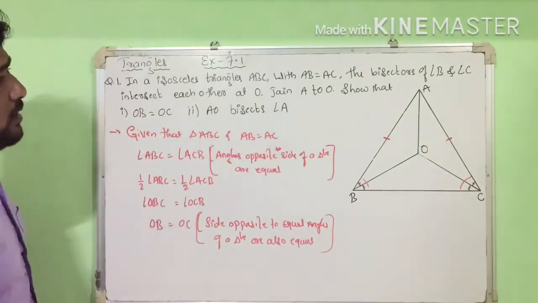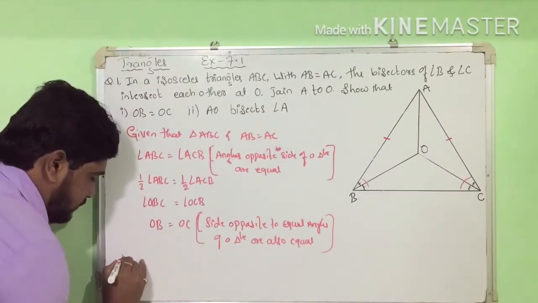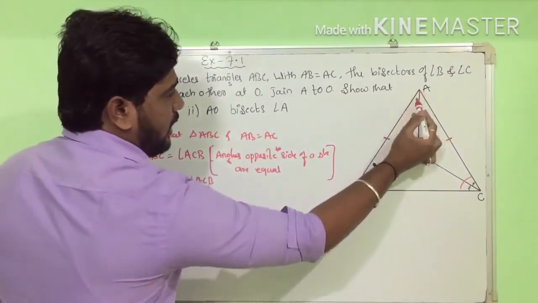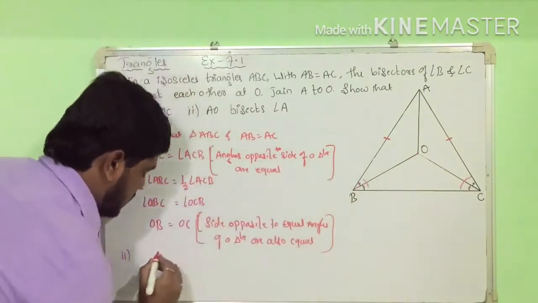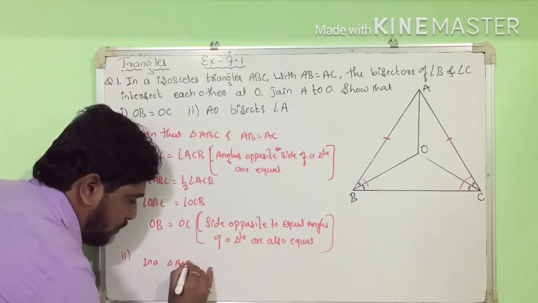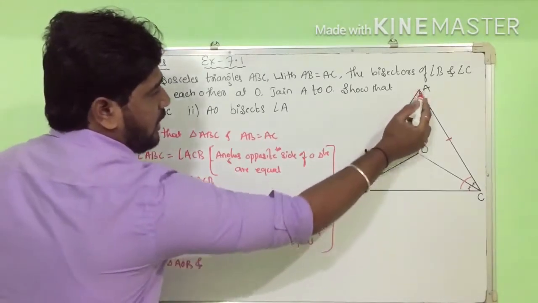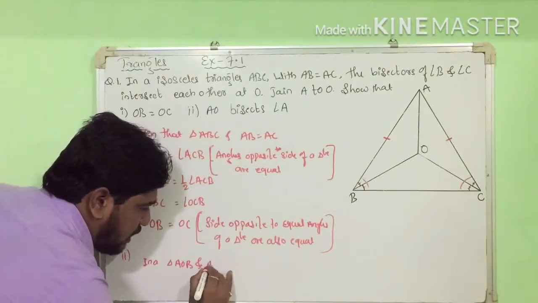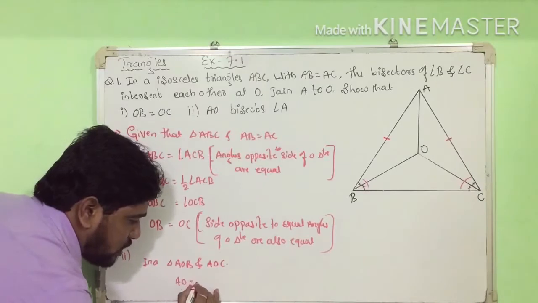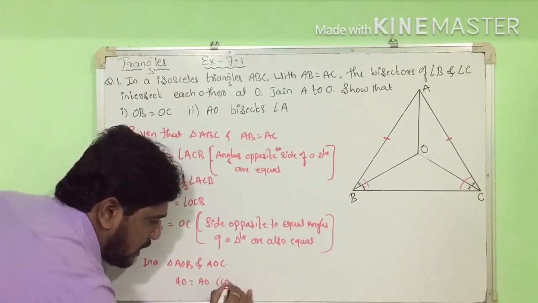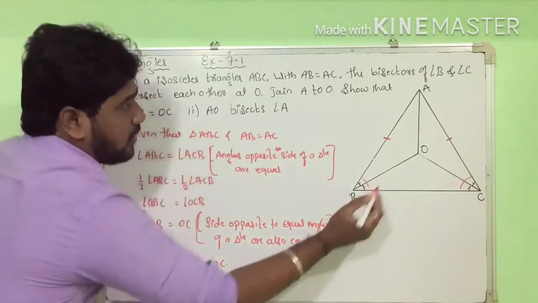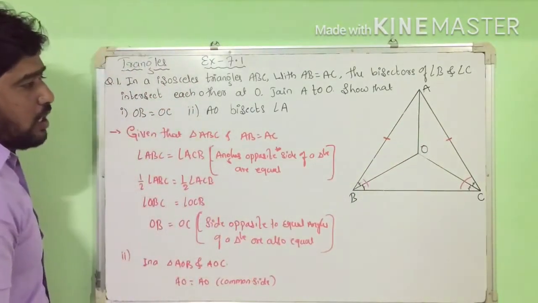So first one done. Now the second one. In triangle AOB and another triangle AOC, in these two triangles AO is equal to AO, the common side.